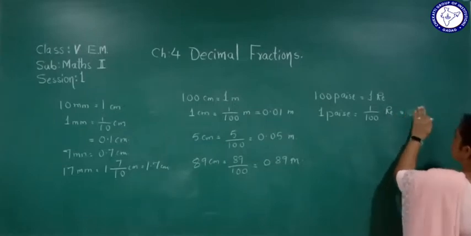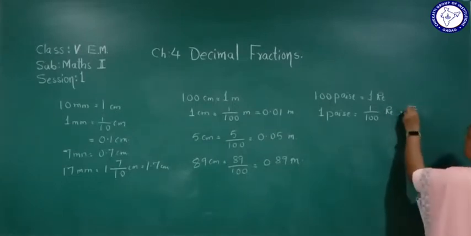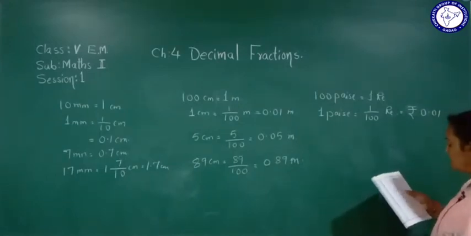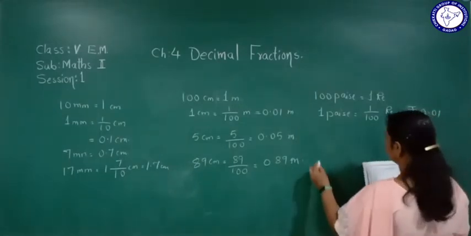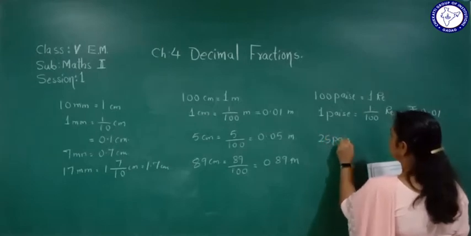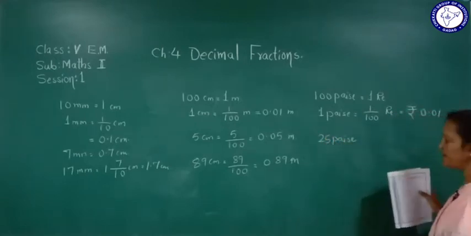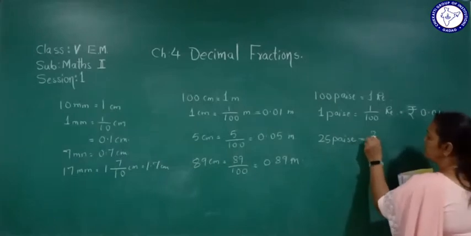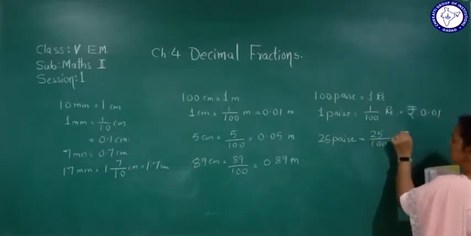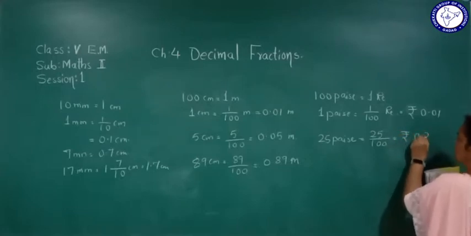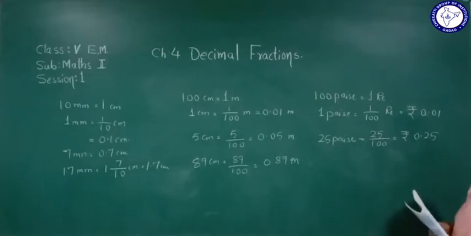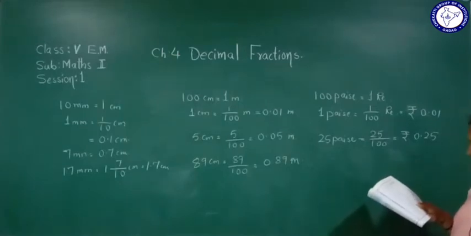You can use the symbol for rupee, rupee 0.01. If it is 25 paisa, we write it as 25 by 100, and this equals rupees 0.25. Rupees 0.25 means it is 25 paisa.